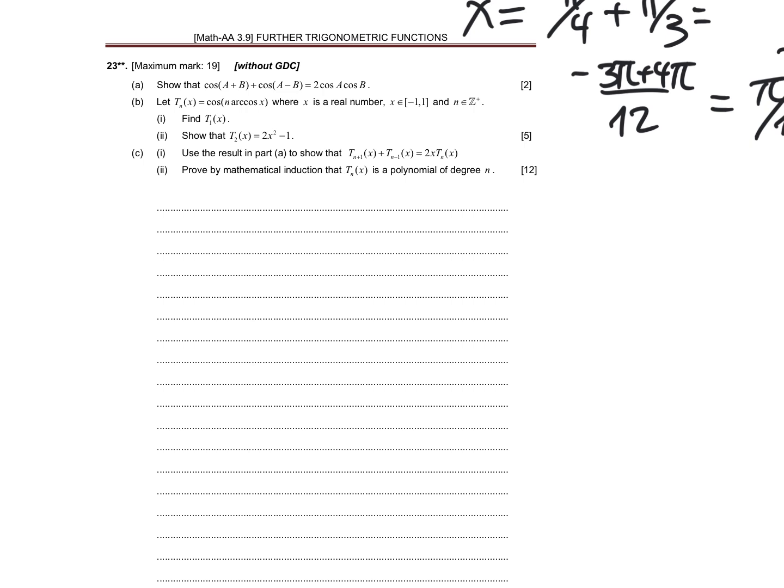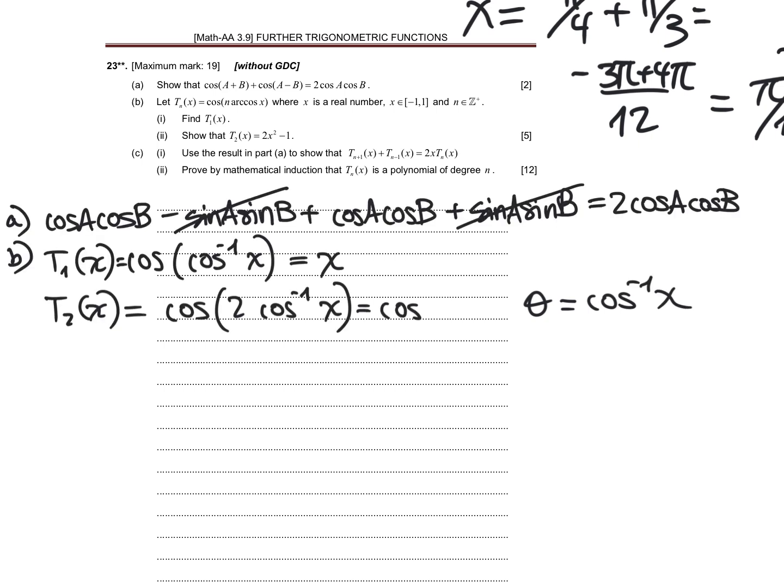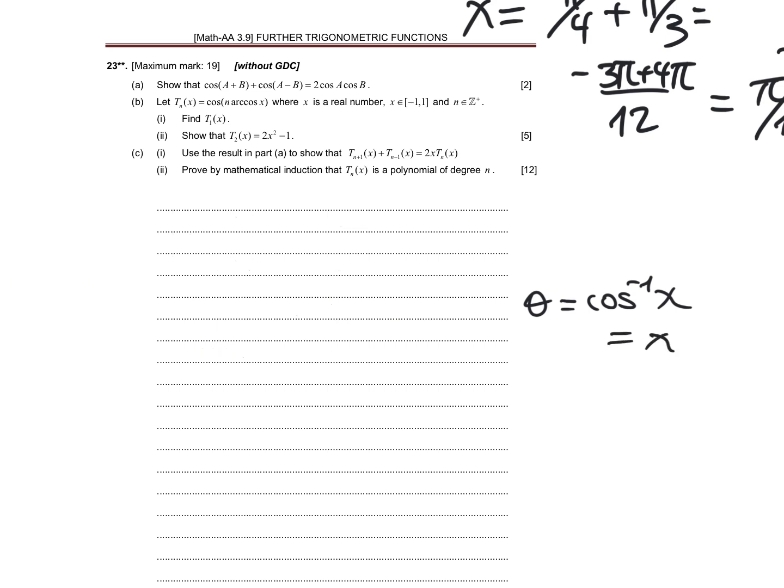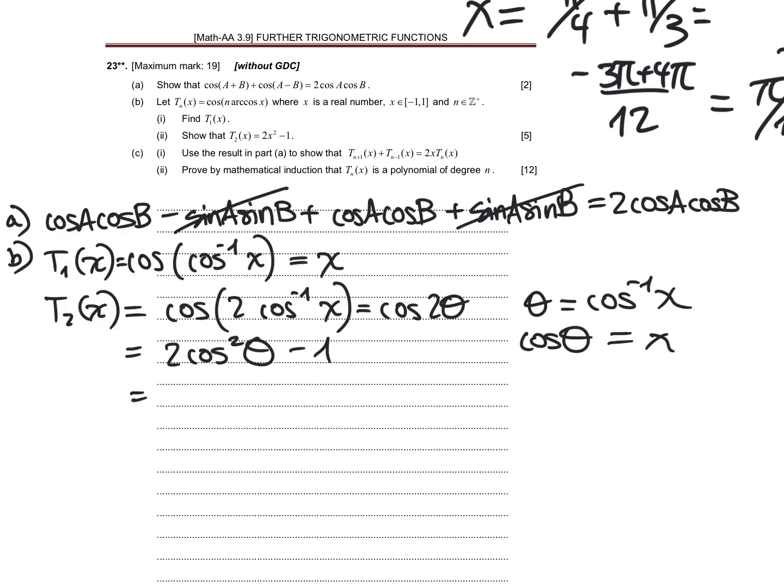If we use this old trick, where theta is cosine inverse x, this is going to be cosine 2 theta. And look where we're going, we're going to do 2 cosine squared theta minus 1, and x is cosine theta, so cosine squared theta is x squared, giving 2x squared minus 1.